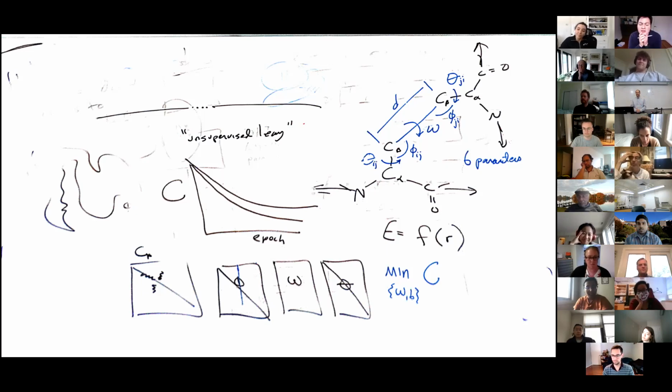I'd also point out that training is stochastic, because you can't load in the whole PDB and fit to all of it at once. So what you do is pick one structure, see what the loss is and adjust your parameters. Pick a different structure, see what the loss is, adjust your parameters.